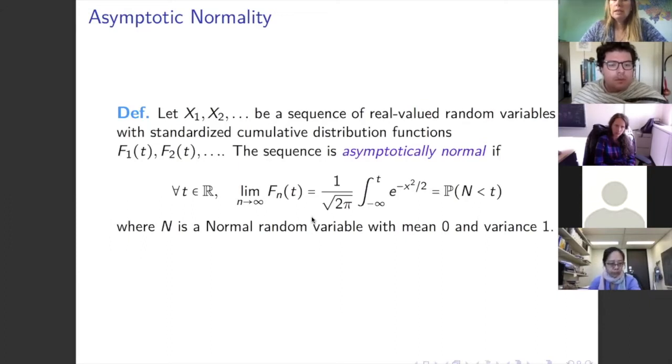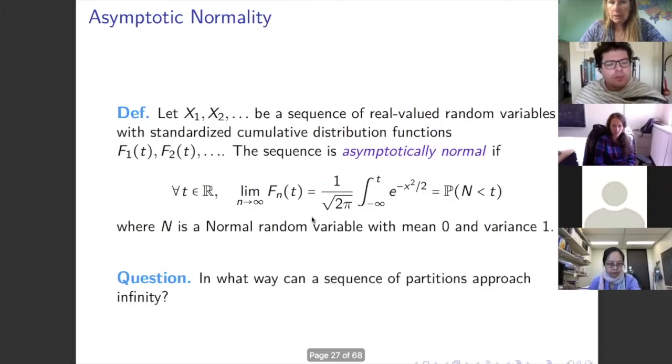It just means that if you look at the associated cumulative distribution functions, when you take the limit on those CDFs, the limiting function is, here I did it with the standard normal distribution with mean 0, variance 1. And we're always looking at asymptotic normality with respect to standardized random variables. So it'll always be mean 0, standard deviation 1. Okay, that's the definition of asymptotic normality.